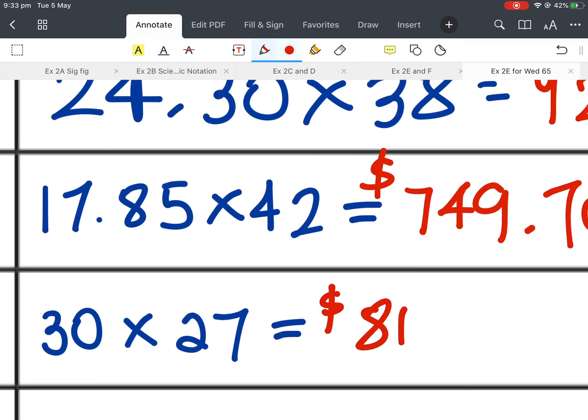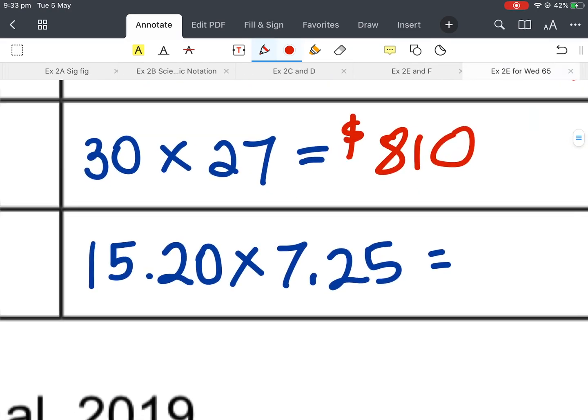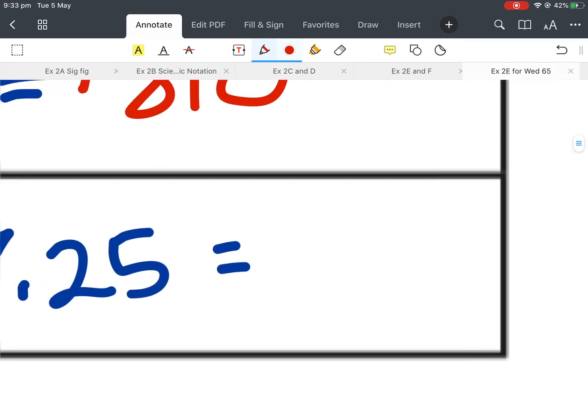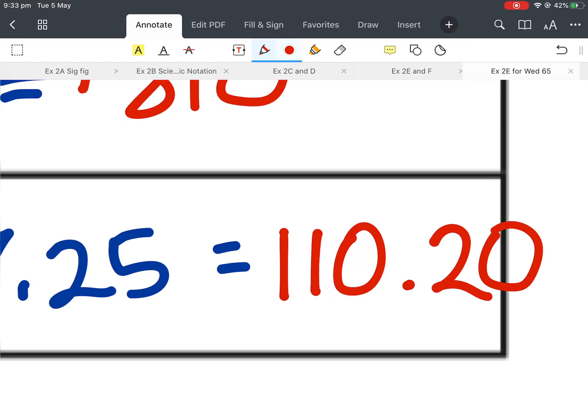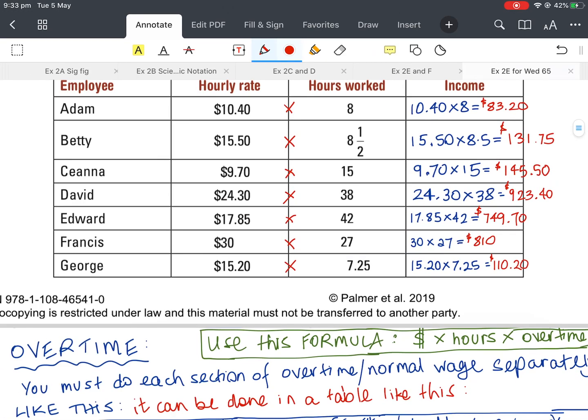That gives me $810. And then $15.20 times 7.25 gives me $110.20. Okay, so there's those questions.